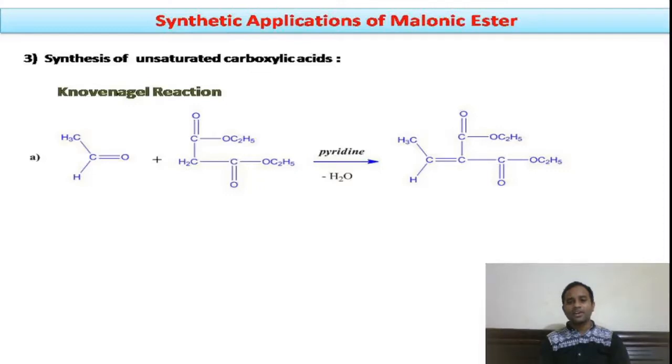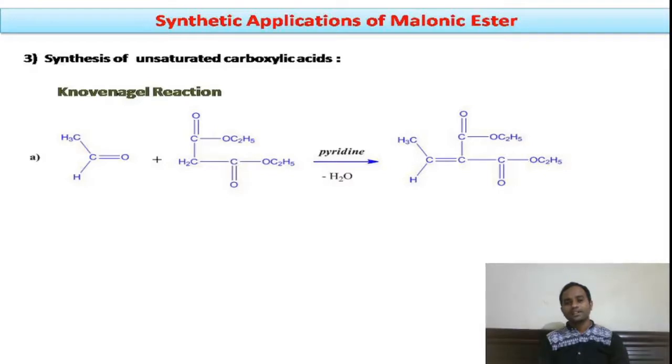In presence of organic bases like pyridine, we will get this product, right? Here only aldehydes will undergo this condensation reaction. Ketones do not give this Knoevenagel reaction. This condensation of aldehydes with active methylene compounds in presence of base to give the product is known as a Knoevenagel reaction.